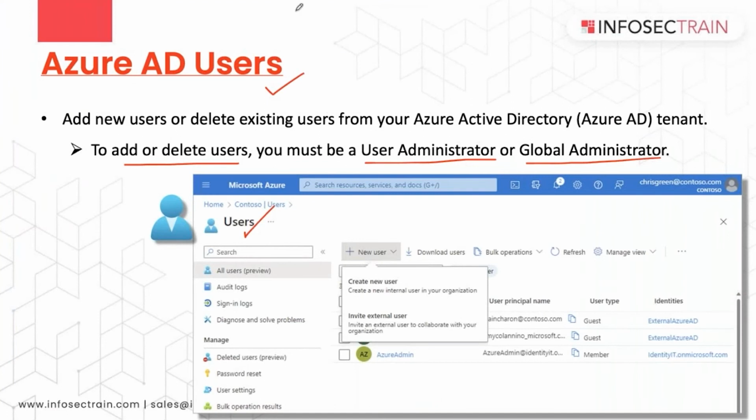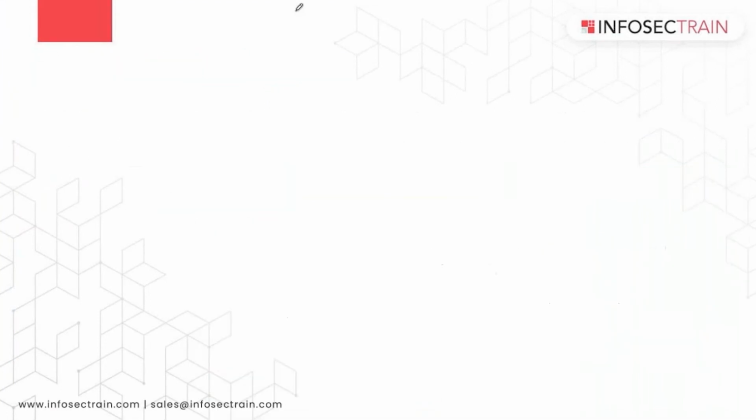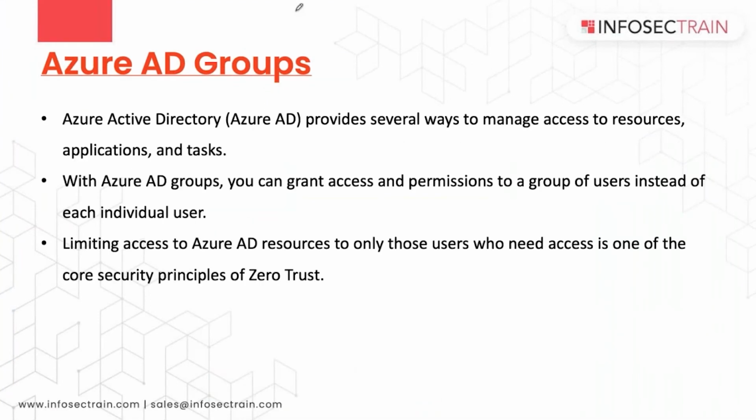Okay, Azure AD groups. When we talk about Azure Active Directory, it provides several ways to manage access to your resources, your applications, and your tasks. Like I was telling you, 10 people have different roles.